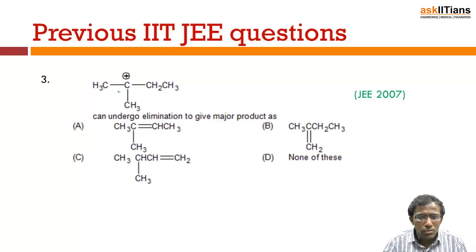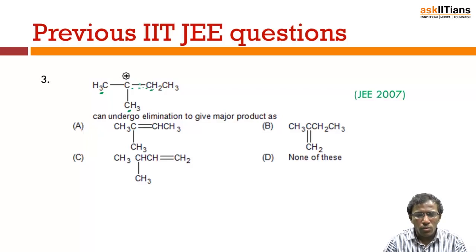So here you can see, this hydrogen may leave, or this hydrogen may leave, or this hydrogen may leave. In which case will I get the more substituted alkene? These two are terminal ones, but if I get the double bond over here, it is more substituted, more stabilized by hyperconjugation.